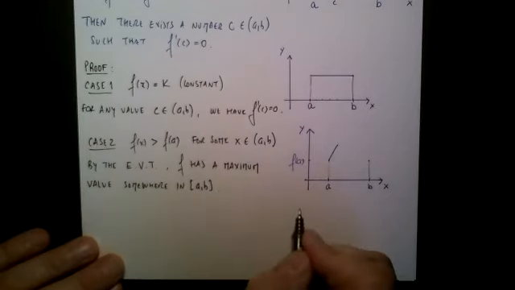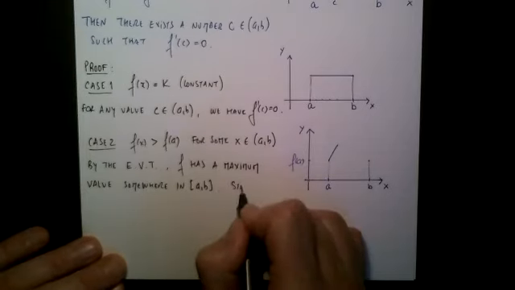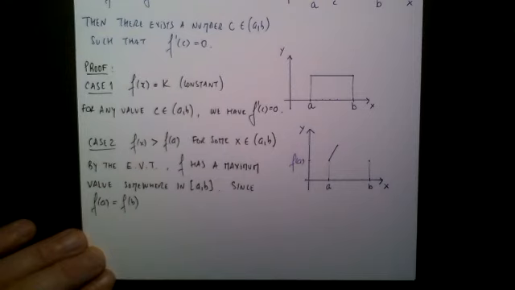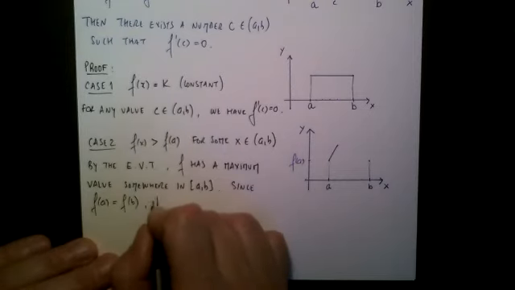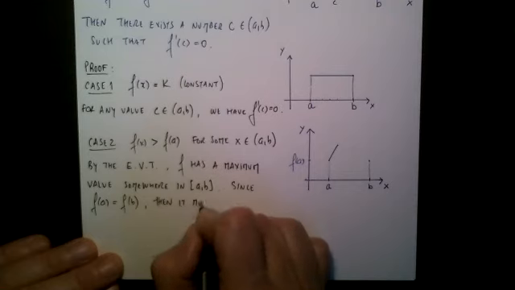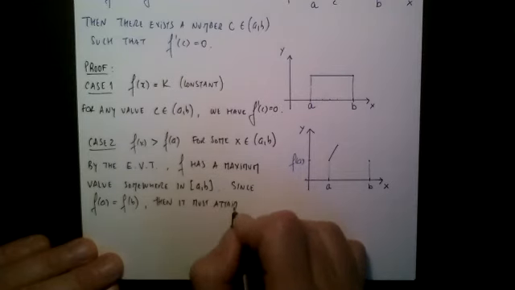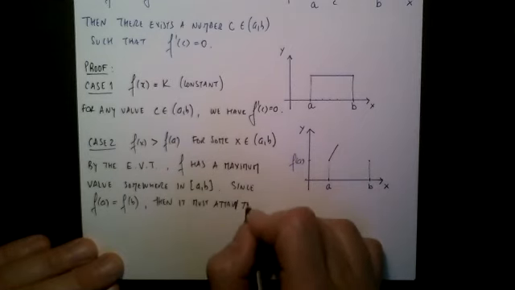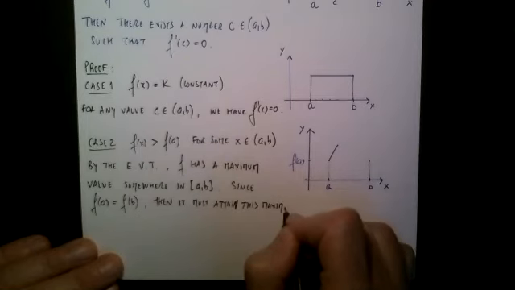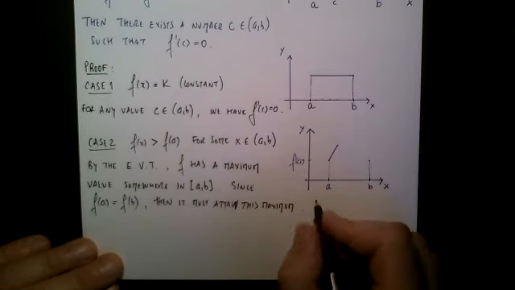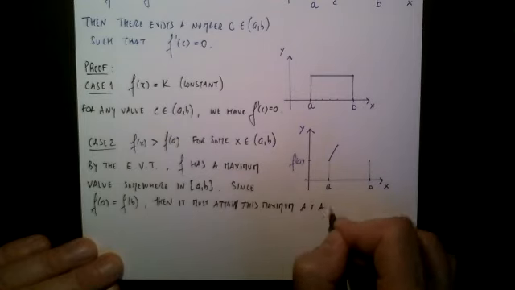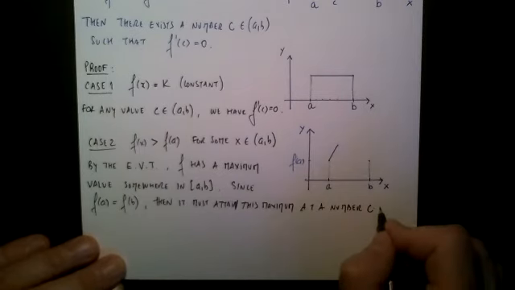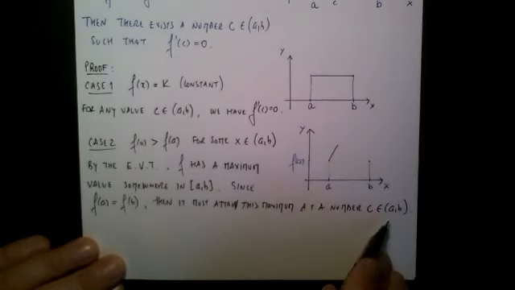Now, since f of a is equal to f of b, then it must attain this maximum at a number c in the open interval (a, b).